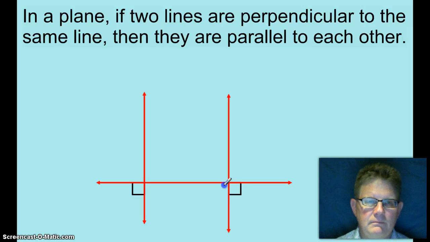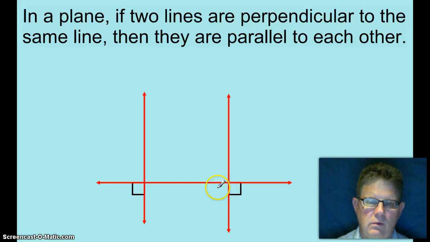In a plane, if two lines are perpendicular to the same line, then they're parallel to each other. So we've got two in this picture. We're in the plane of this screen. We have this line here perpendicular to this transversal, and this line is also perpendicular to that transversal.